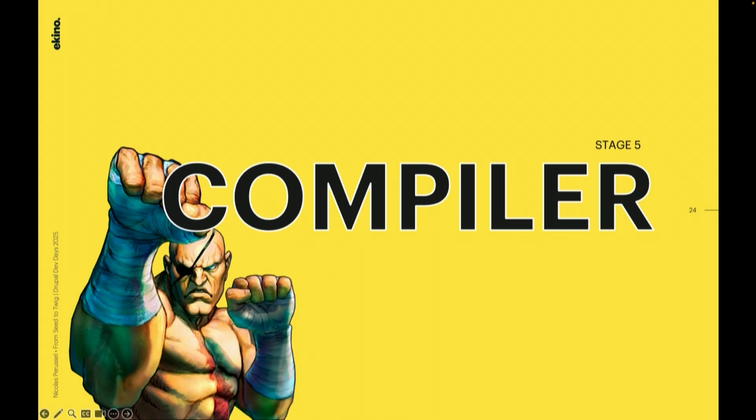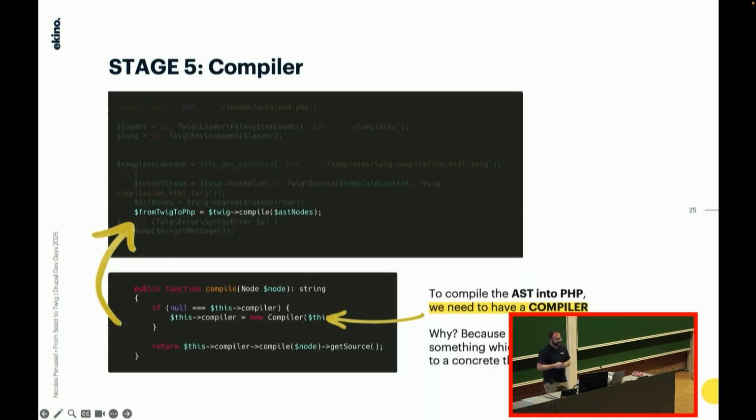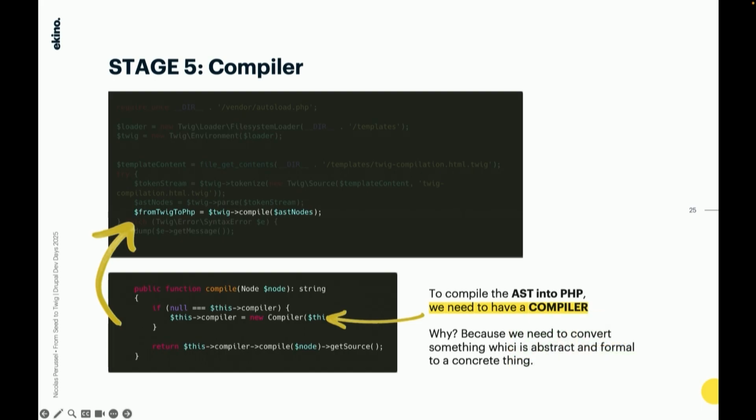And when we have everything clean and production ready, we can give the AST to a dedicated PHP class, which is a compiler. Something like that. We have the token stream. The token stream is given to the parse method, which produces the AST, which is composed of nodes, and the AST is given to the compiler to produce a PHP file.